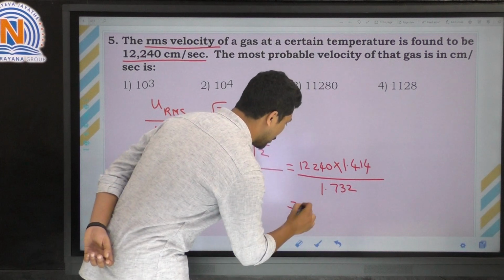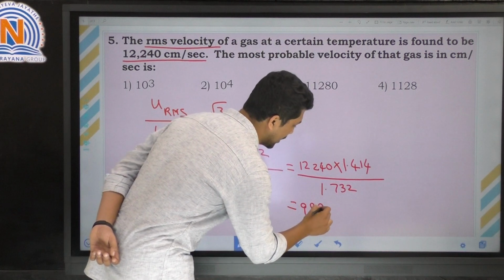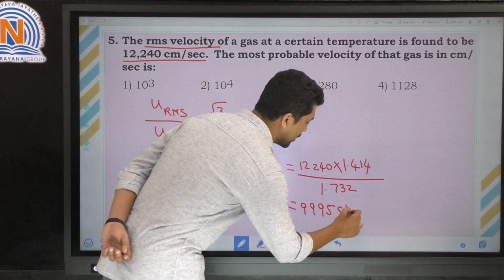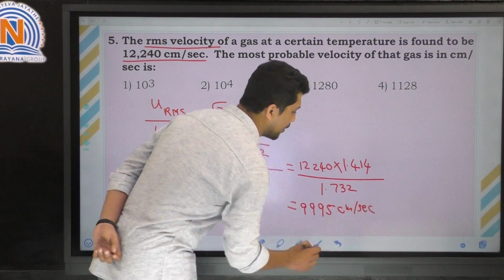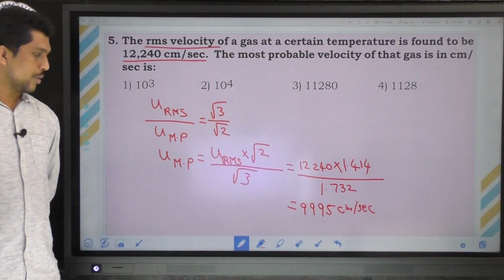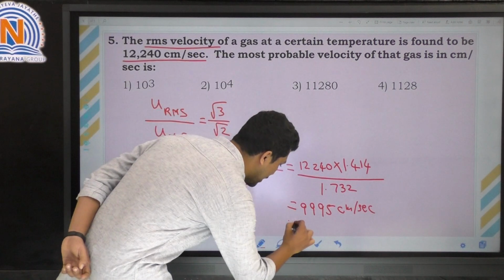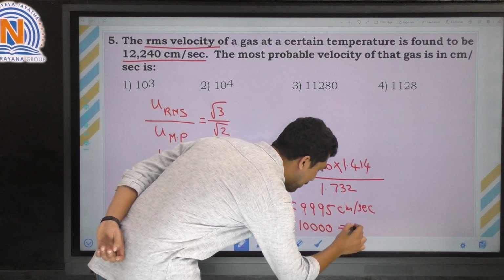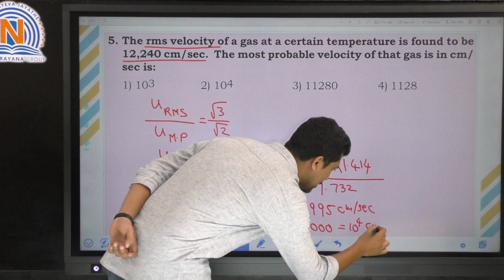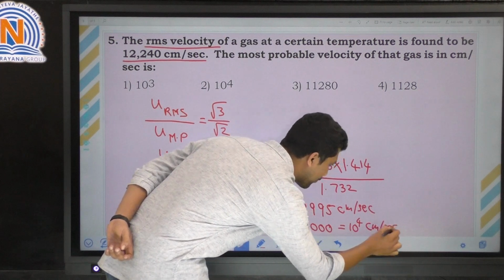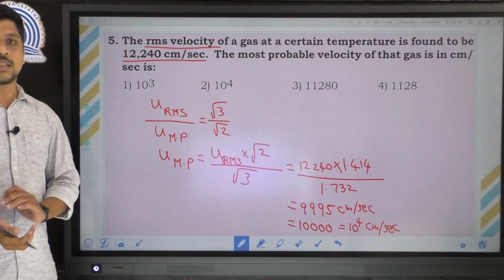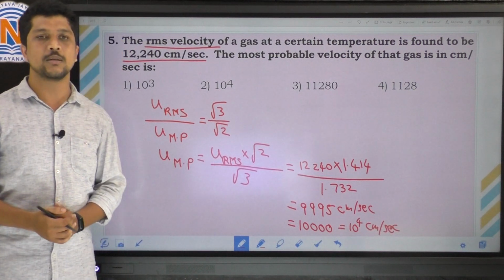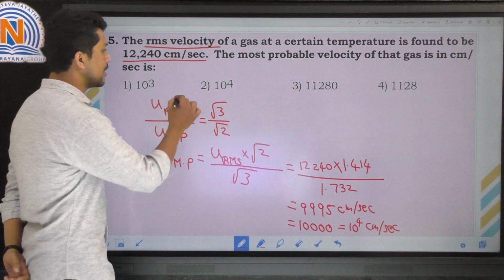If you solve this, you will get around 9,995 centimeters per second. We can write this approximately as 10,000, that is 10 power 4 centimeters per second. So the most probable velocity of the gas is 10 power 4 centimeters per second. So the correct option is the second option.